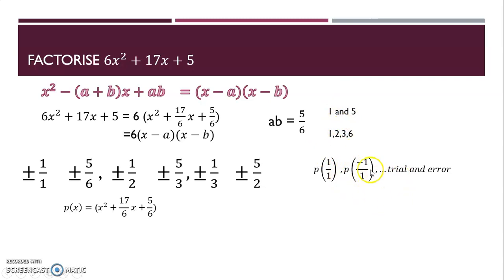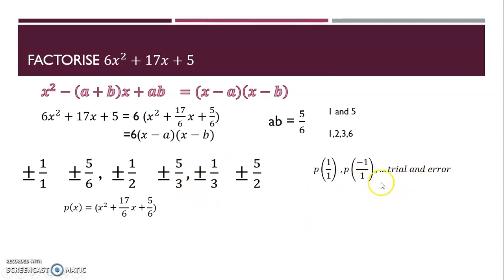So this is a time consuming method because we'll have to start from 1/1, then −1/1, 5/6, −5/6. Maybe the correct answer would be at the last one, maybe it would be the first one. So it is called a trial and error method, because we try, and if we get an error we move to the next option.